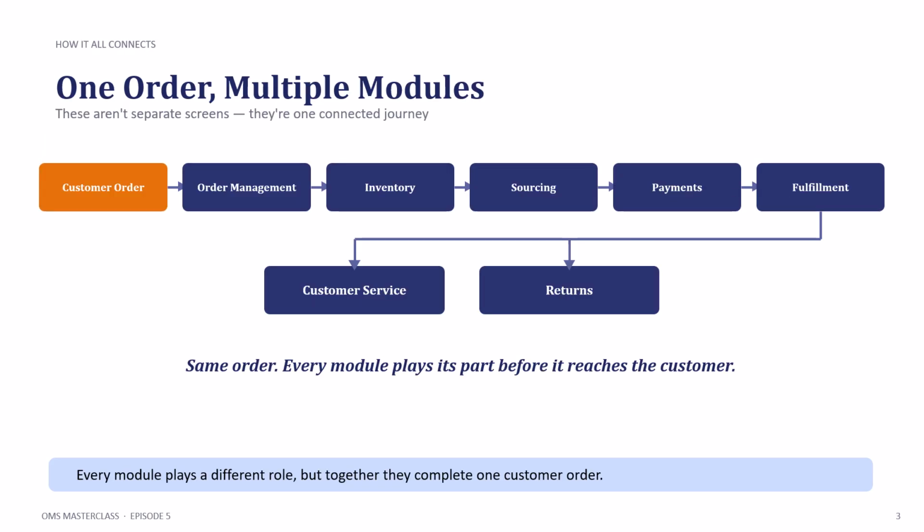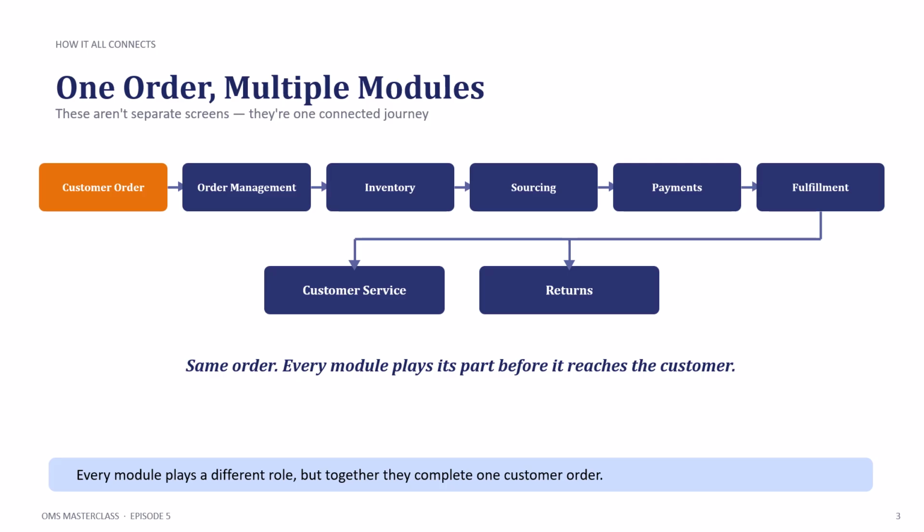Now, here is something interesting. These modules don't work independently. They are all connected through the same customer order. For example, when a customer places an order, it first goes through order management. Then inventory checks product availability. If required, sourcing decides where the order should be fulfilled from.